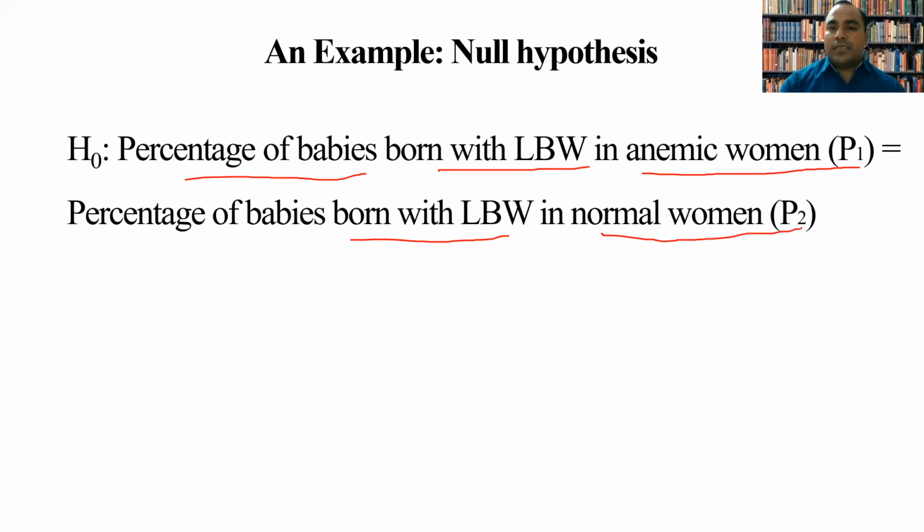Or we can say there is no difference in low birth weight deliveries between anemic and normal women or mothers. Notationally, we can write P1 equal to P2.